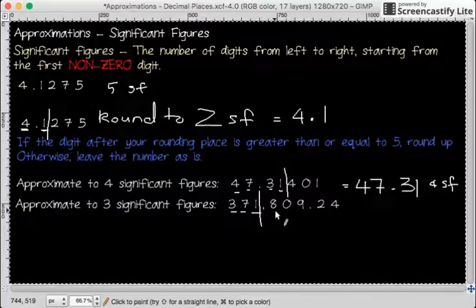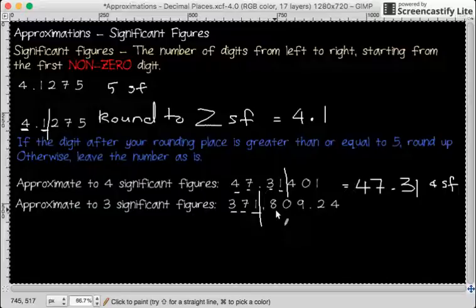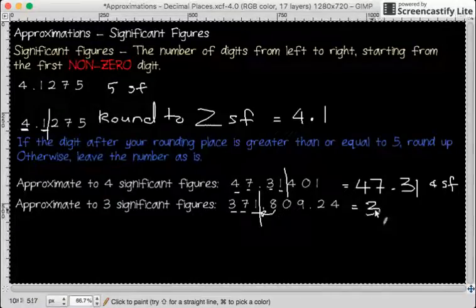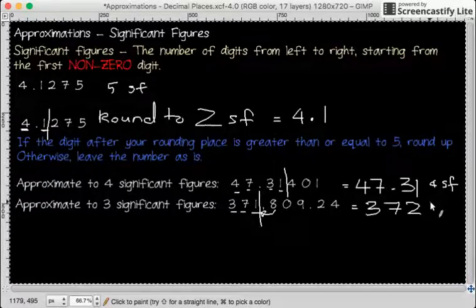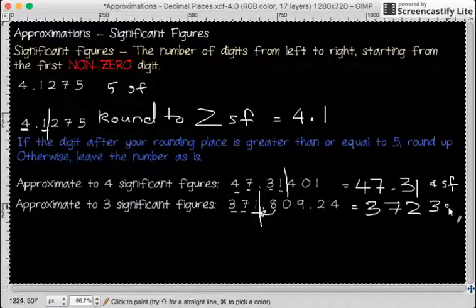And this 8 is greater than 5, so that's going to cause that thing to raise up. And that goes from a 1 to a 2, so it just becomes 372. And because now we're only taking these 3 significant figures, we don't even need to put the decimal place in, because we know that the last digit will always automatically be the ones column.